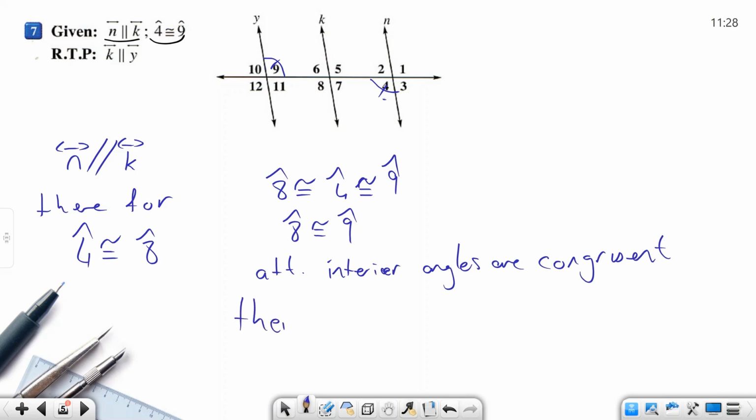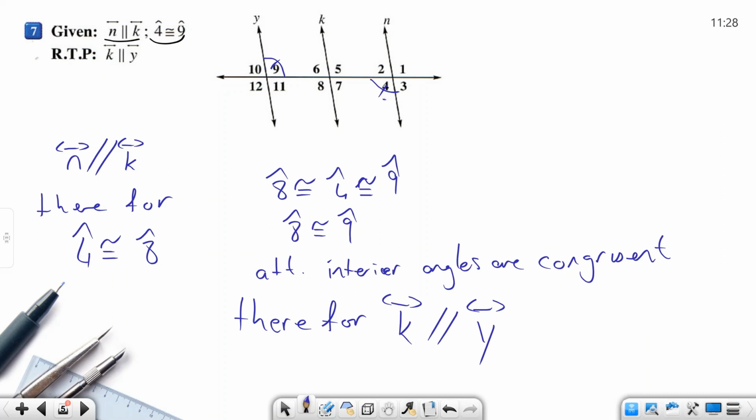Therefore, line Y is parallel to K. Since K is first in the question, we say line K is parallel to line Y. Alternate interior angles are congruent, therefore line K is parallel to line Y.